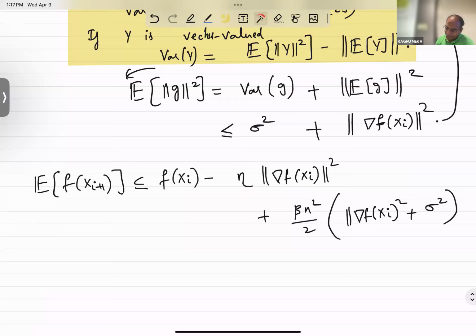Right. So in the case of zero variance, we didn't have this term. This is what we did several lectures ago. Now we just have this extra sigma squared.